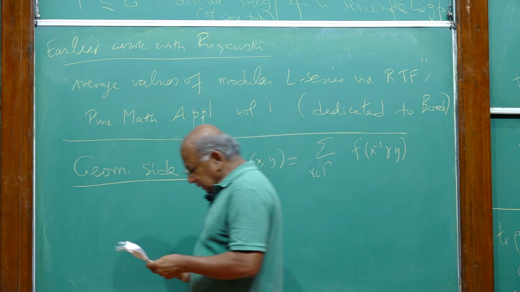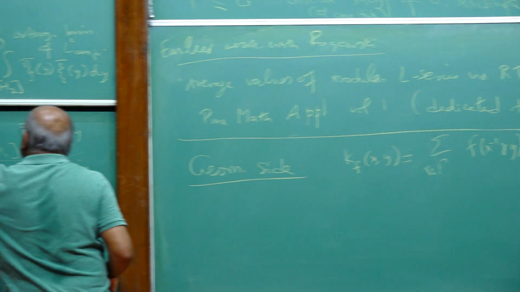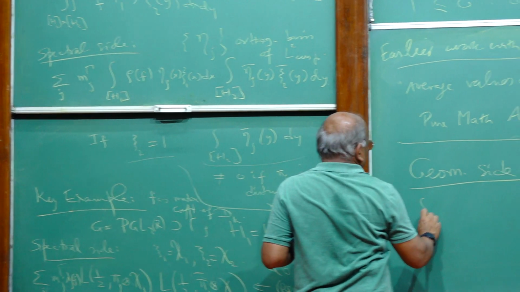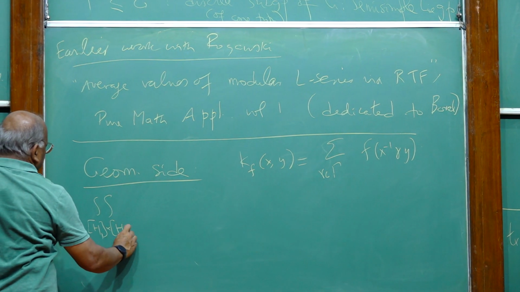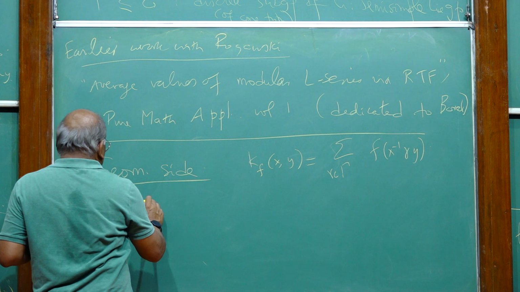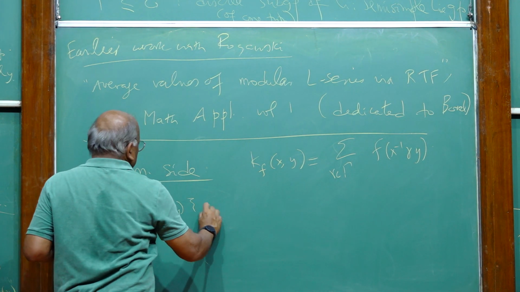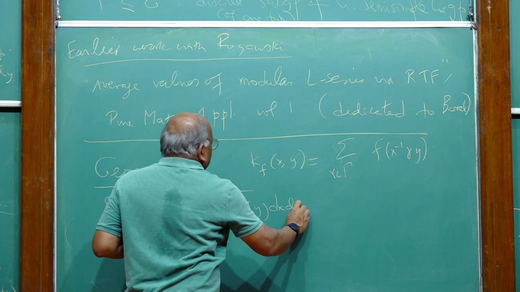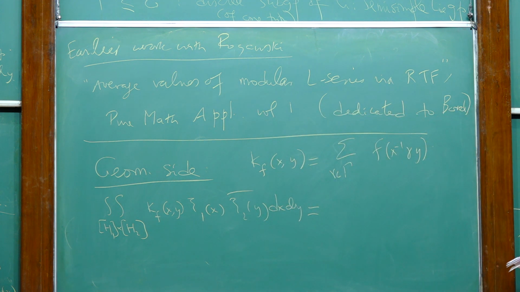So when you integrate this in the relative trace formula case, more generally, not just GL2, remember, we were looking at this, and then you have K_f(x,y), whatever. Now we can do the geometric side.